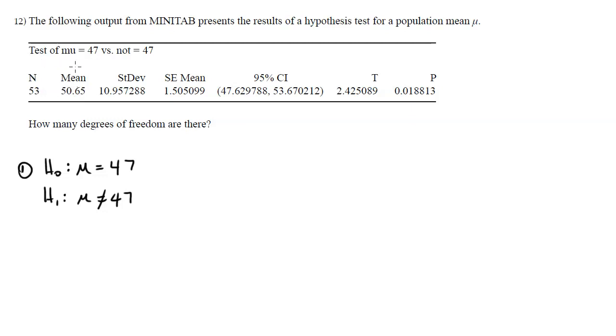I do have my sample mean. I have my sample standard deviation. I have the standard error of the mean. In this case, it's s over the square root of n. I have the 95% confidence interval. And I have the t-test value and the p-value.